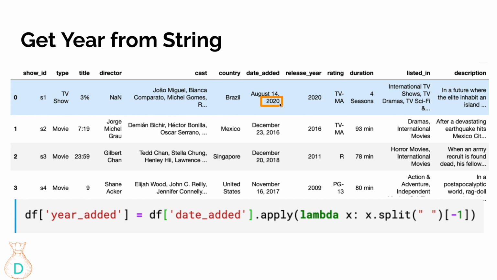A -1 position in a list means you'll always just take the last part of the list. So it doesn't matter how long the string is. Instead of August 14, 2020, it could have maybe 5 different parts, but I will always only take the last one, 2020, out of it.